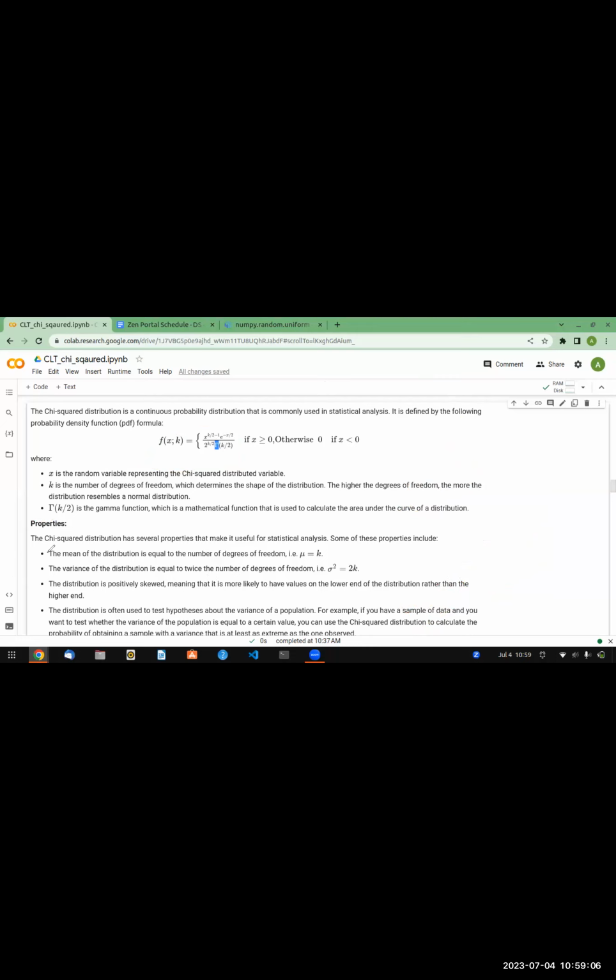Now, what is the first property? The mean of the distribution is equal to the number of degrees of freedom. That means if your distribution is following chi-square distribution, what is the mean of that distribution? Equal to the degree of freedom. I told you yesterday, we are learning these known distributions to utilize them in real life.